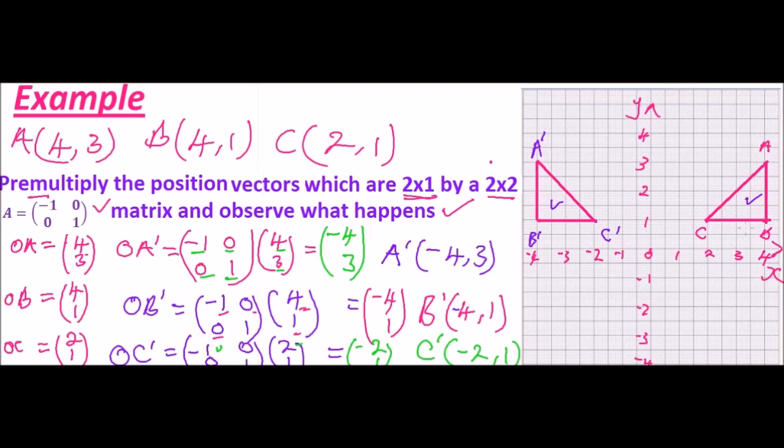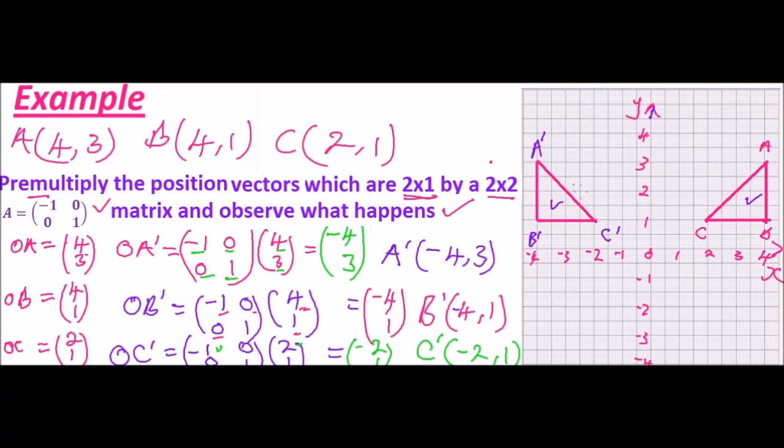We can clearly see that we can obtain our image from our object by reflecting the object through the line x is equals to 0, or the y-axis. This is the y-axis. So if you reflect here, you can see, if you count 1, 2, 3, 4, 5, 6, 7, 8, 1, 2, 3, 4, 5, 6, 7, 8.